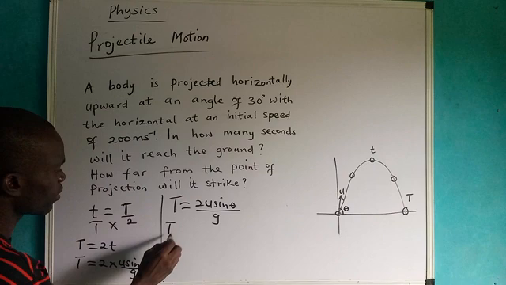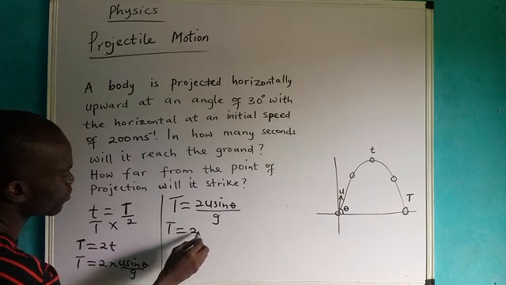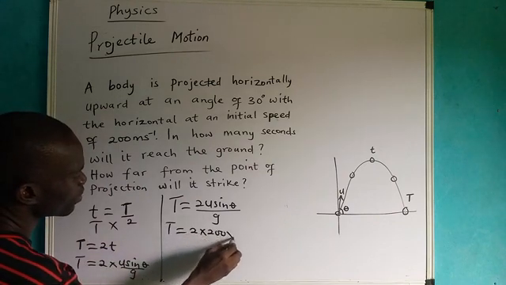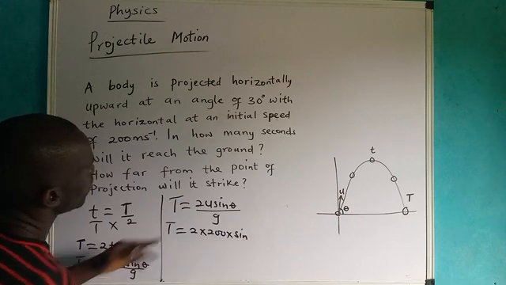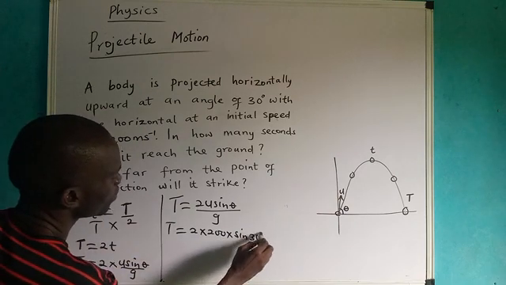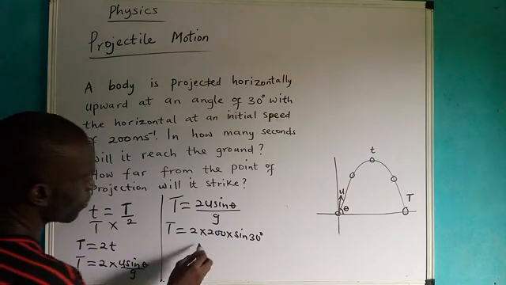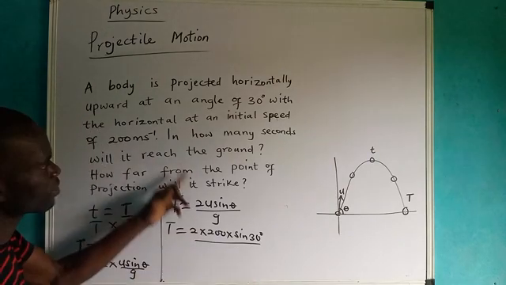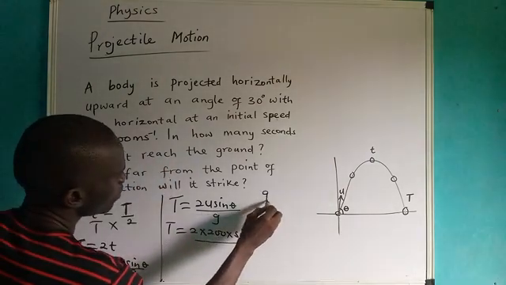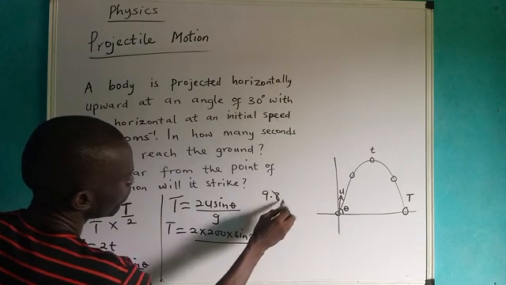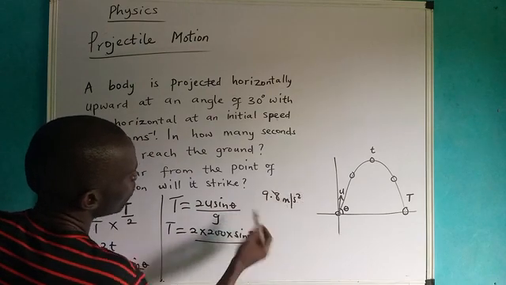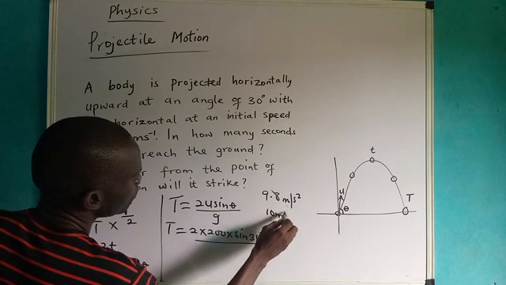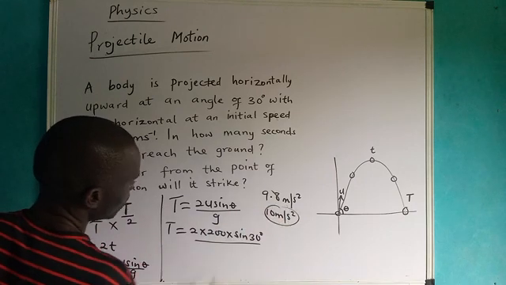For the initial velocity u, we have 200, and the angle is 30 degrees. We are not given the acceleration due to gravity. Please don't forget, we can use either 9.8 or 10, but I will use this one.